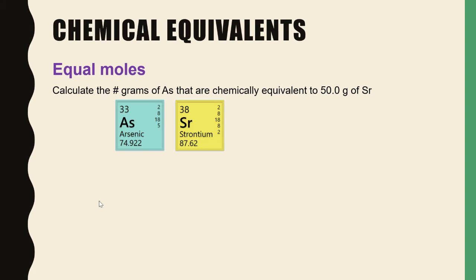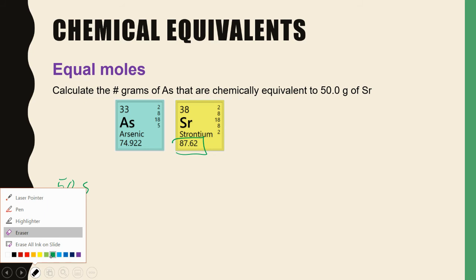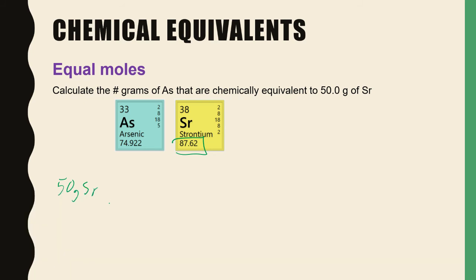All right, so in this last example, we have 50 grams of strontium. So I guess I'm actually drawing this one. So we have 50 grams of Sr, right there. And I just broke my own rule that you're not supposed to use capitals. There we go. I need to convert that to moles. To convert that to moles, I need to use this mass here, the 87.6 grams in 1 mole.